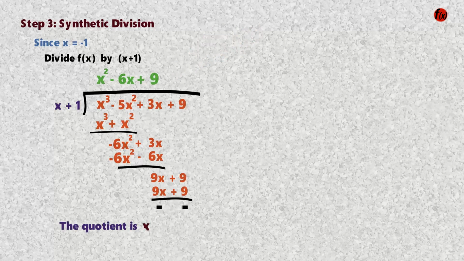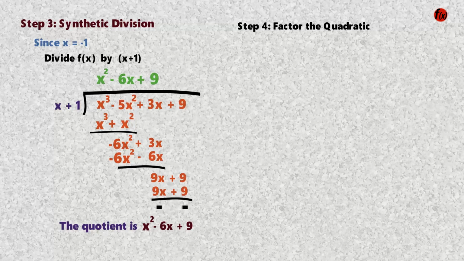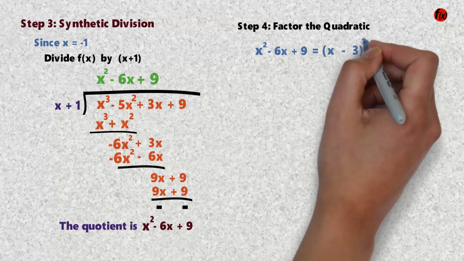The quotient is x squared minus 6x plus 9. Step 4. Factor the quadratic. Now, we factor the quadratic polynomial x squared minus 6x plus 9. x squared minus 6x plus 9 equals x minus 3 squared.